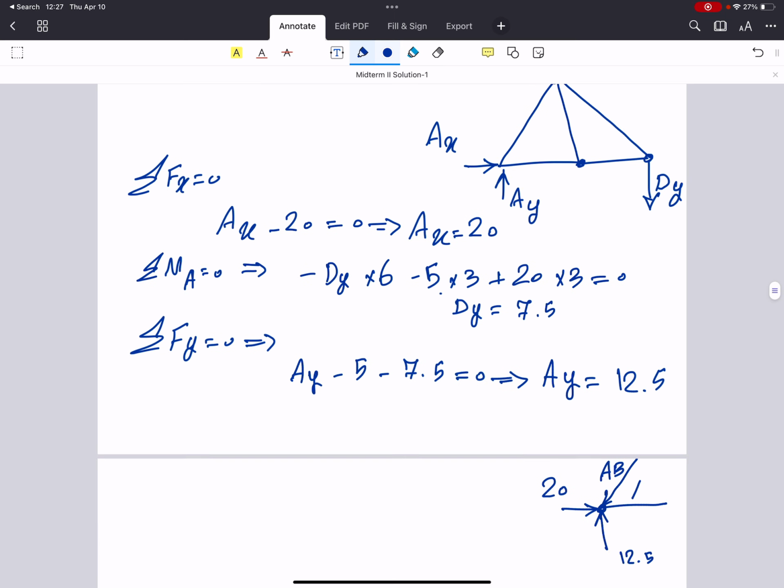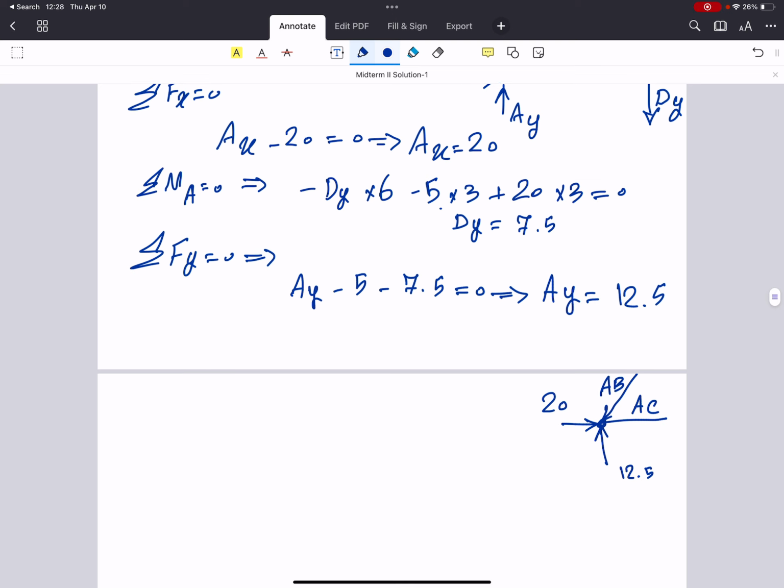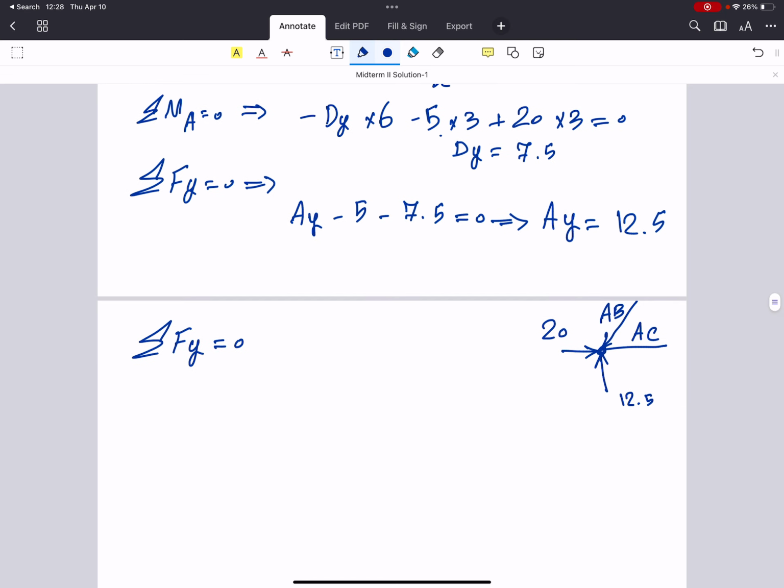AC. Let's solve it. We can use the Fy equation. If we use that one, what do we have? We have 12.5, and then AB going down.